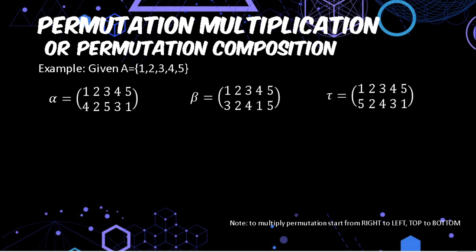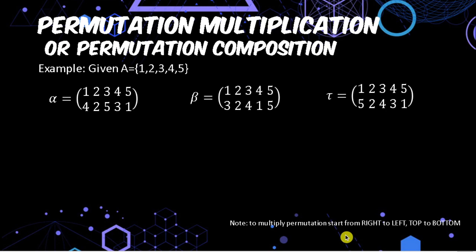Given two or more, or even one, permutation or permutations, how do we perform permutation multiplication? For example, what is alpha times beta? Or beta times tau? Or alpha times beta times tau? How are we going to evaluate this? Now, the rule is given at the bottom.